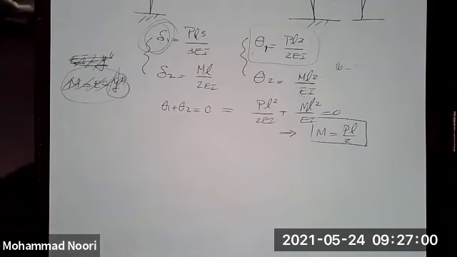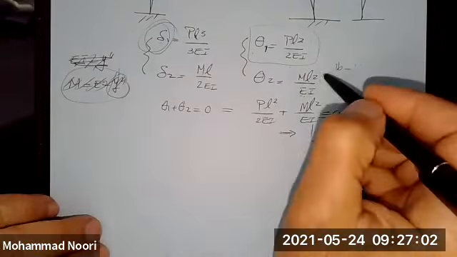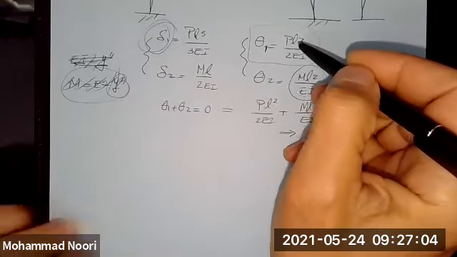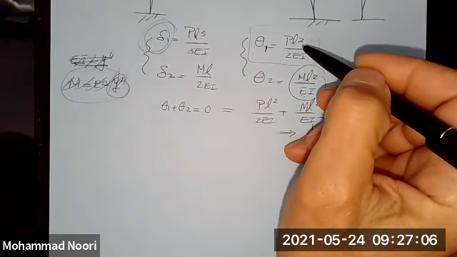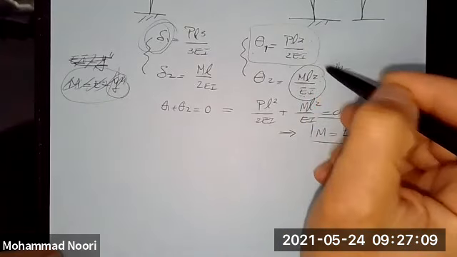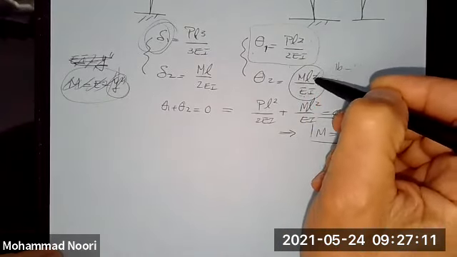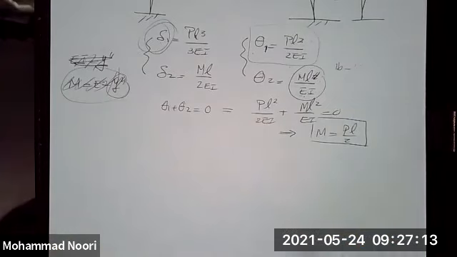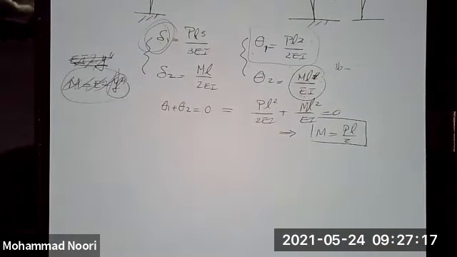Yeah, that's a good question. I have to see if this would be theta. Theta 1 is PL squared. This should be ML. Yes, that should be ML. So looks like that would make it correct. Yeah, you're right. That should be ML because units otherwise don't match.